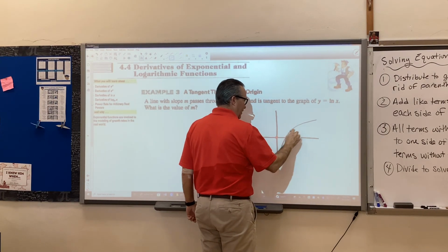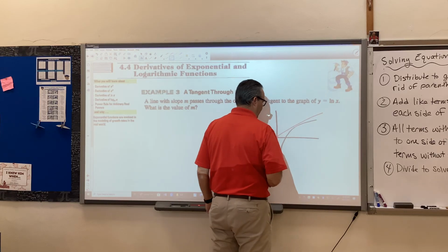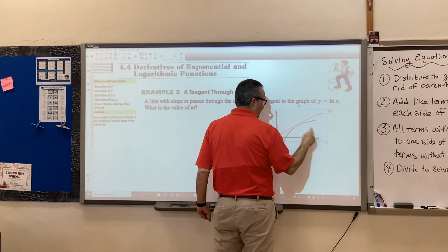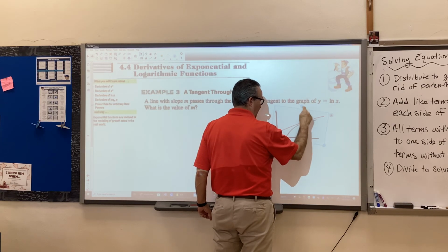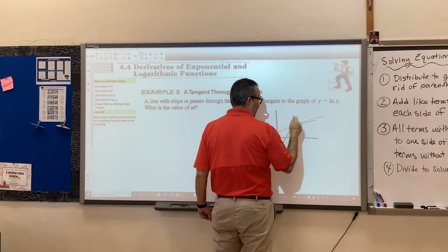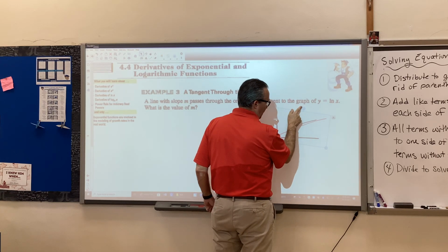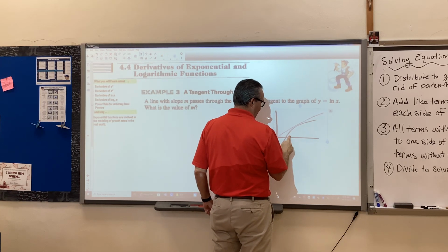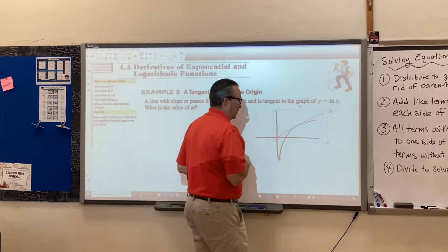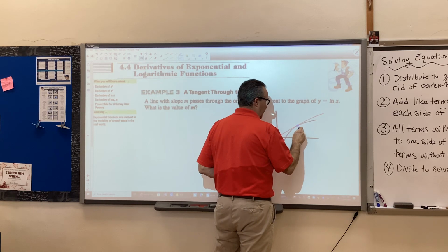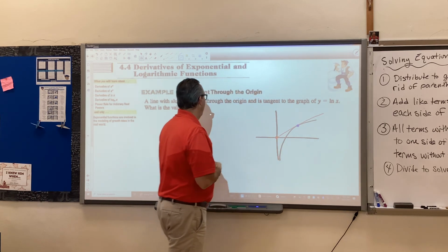The equation of a line is tangent to this curve. Right here.